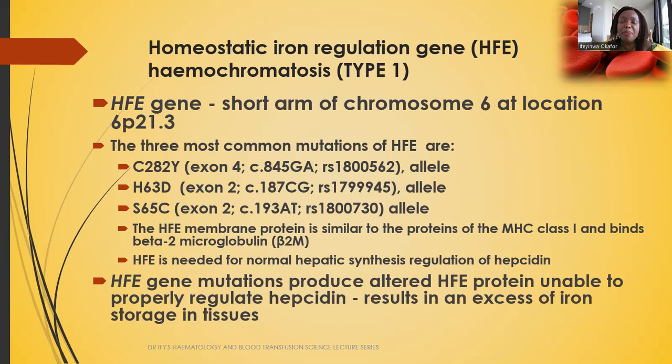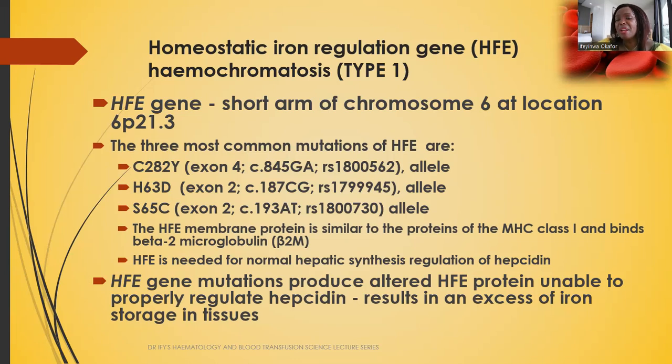The HFE membrane protein is similar to the protein of major histocompatibility complex class 1, and it binds beta-2 microglobulin. The HFE is needed for normal hepatic synthesis and regulation of hepcidin.